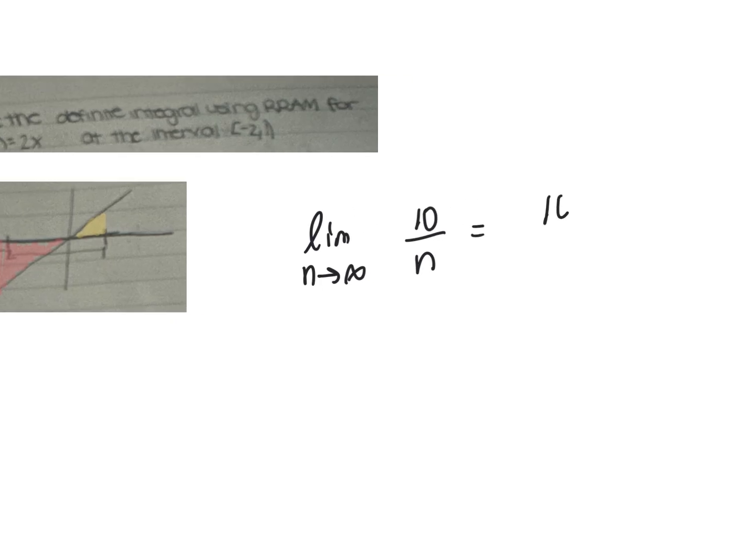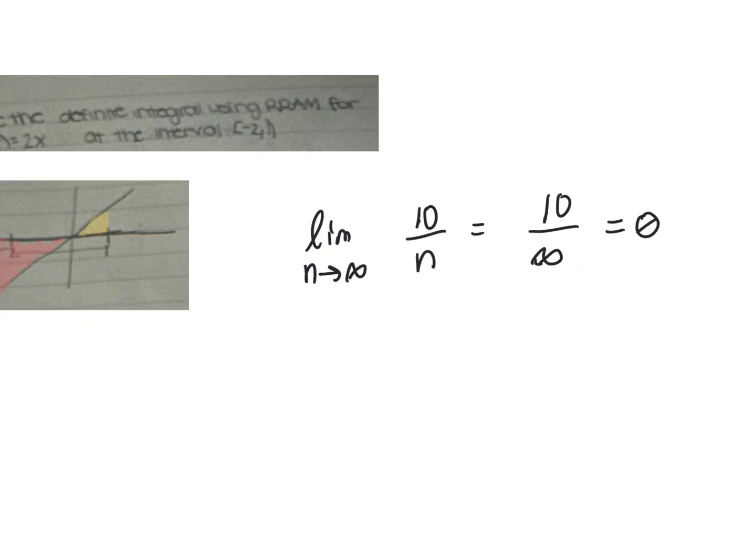If you are doing the limit as n approaches infinity, we all know that we can replace the n with an infinity, and anytime you have a constant over infinity, that's essentially zero. That's as good as zero. Okay, so that's one concept to keep in mind.